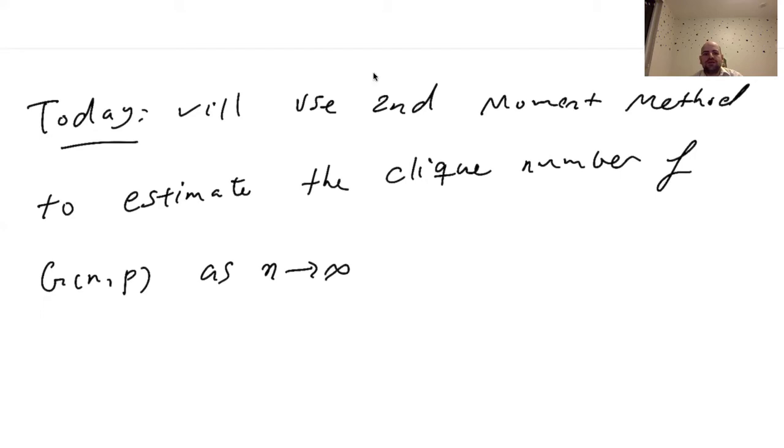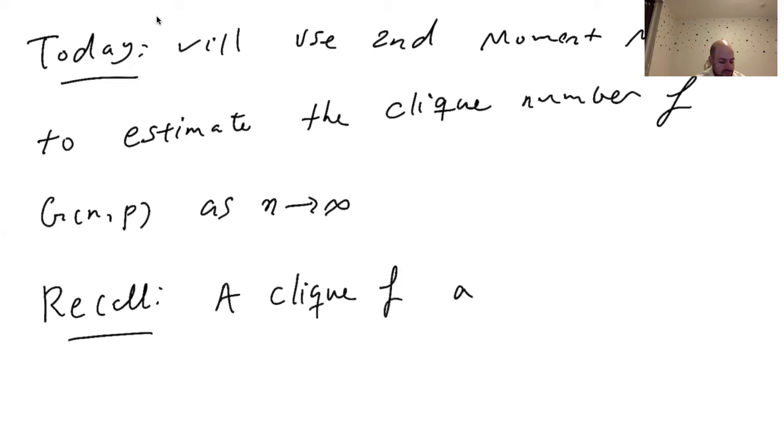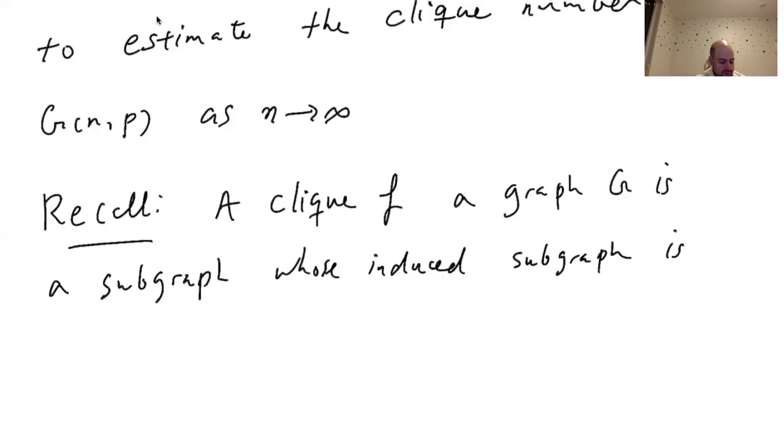So what was the clique number, if you remember? Recall, a clique of a graph G is a subgraph whose induced subgraph is a complete graph.